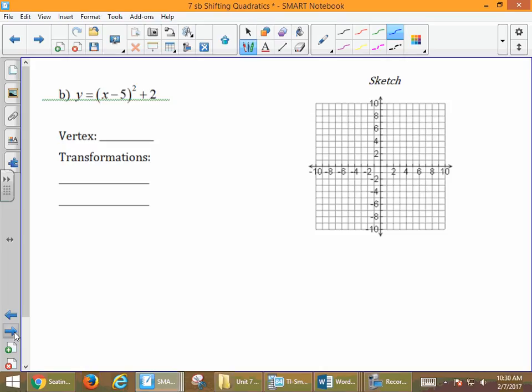So looking at our second example, what is the vertex of this function? Tiffany? (5, 2). So we take the opposite of h for the vertex and then keep the k sign. And then what are some transformations that are happening to this quadratic?